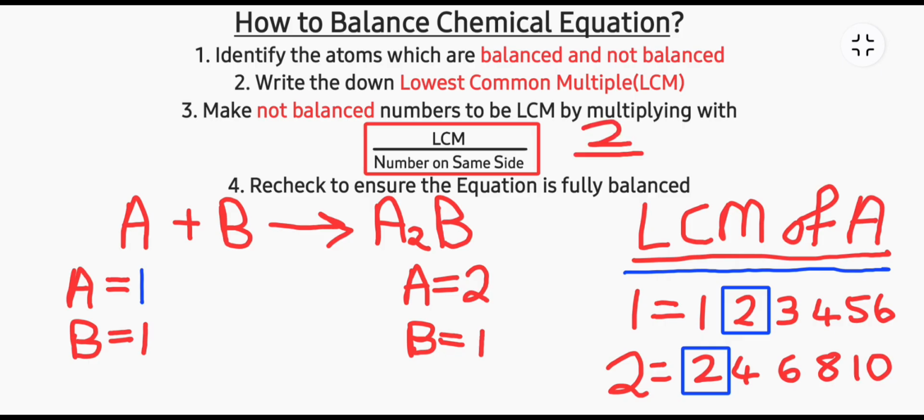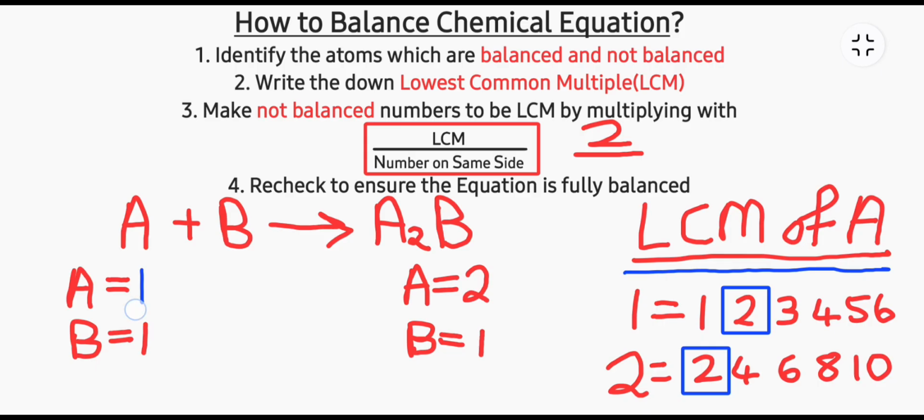Now I can balance that for step number 3. Not balanced numbers must be made to be the LCM by multiplying with LCM over number on the same side. It means this number is the LCM, and the LCM I got was 2. A on the right is already the LCM.